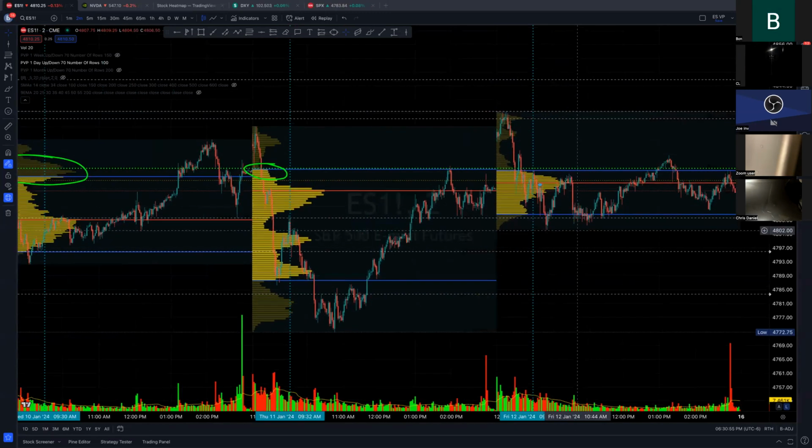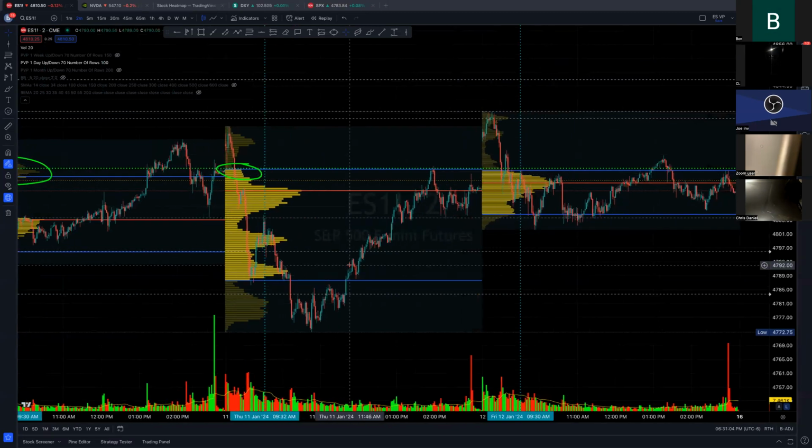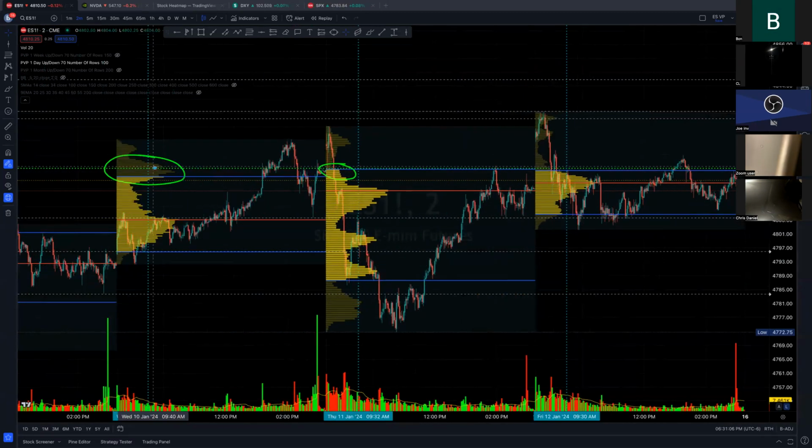So you can see here, this is the initial balance close right here. Look at this, it closed inside of previous profiles. So that gave me some bearish bias for the session.